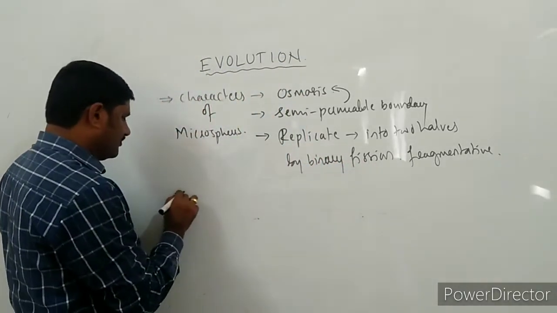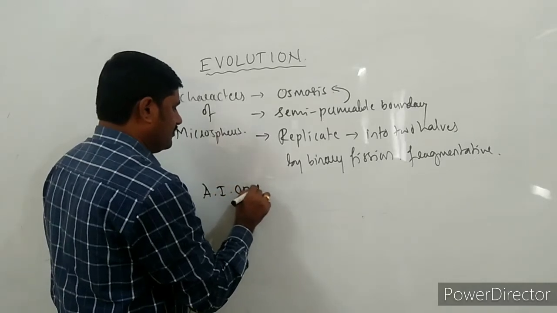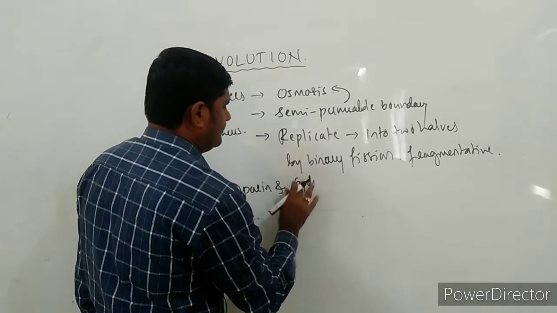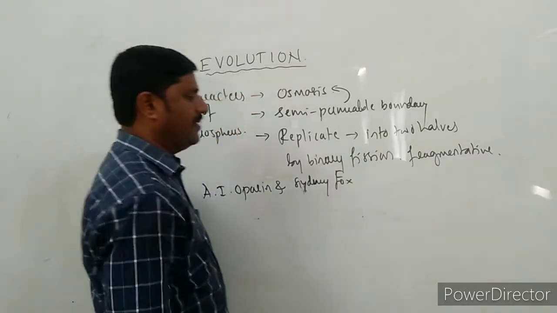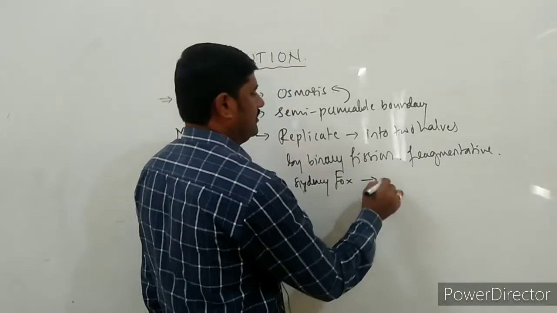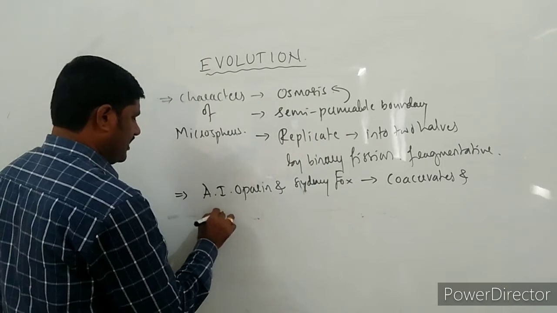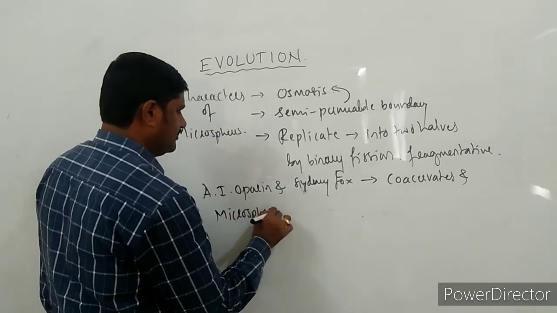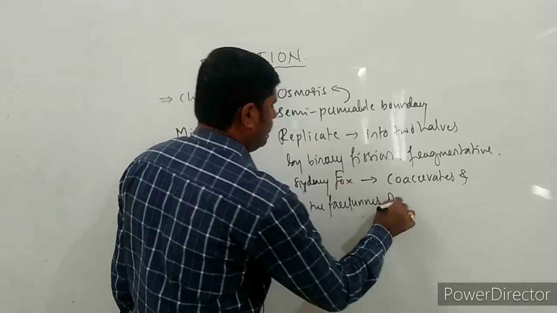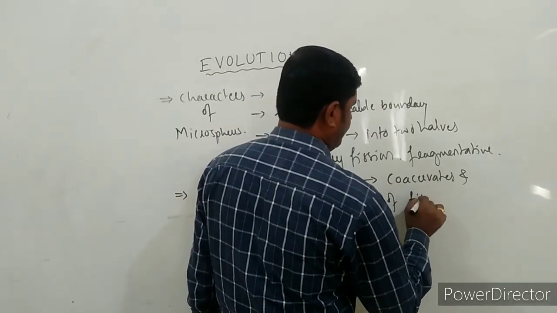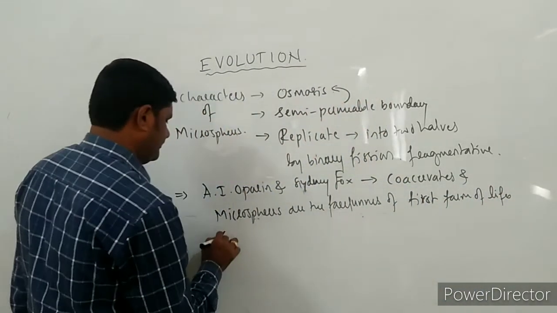So according to these two scientists, A.I. Oparin and Sidney Fox, coacervates as well as microspheres are the forerunners of the first form of life on earth.